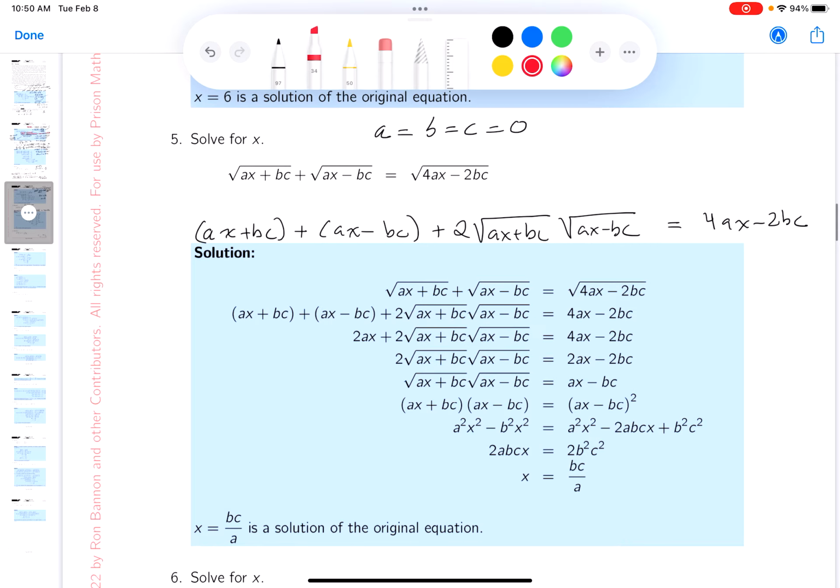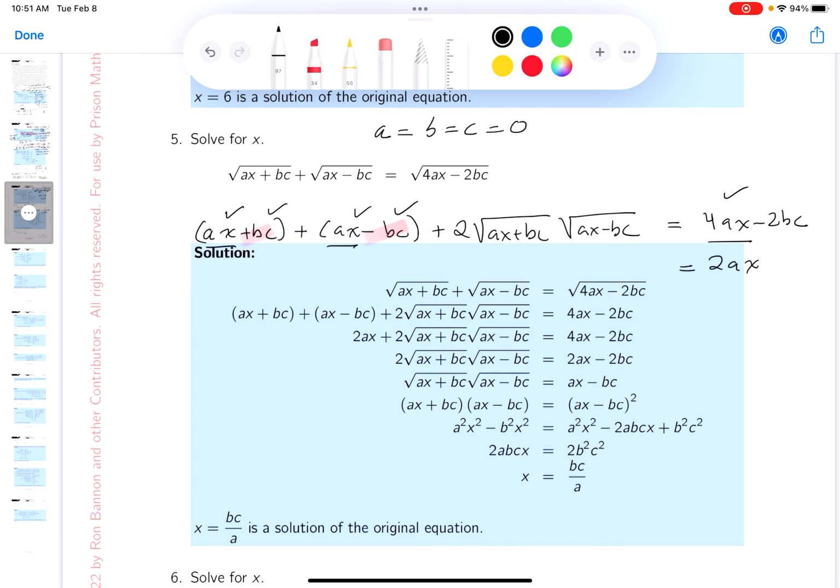I'm going to go through things that I see disappearing immediately. Let me point this out to you: the bc disappears. Then I'm going to concentrate on the ax in the problem. With 2ax on the left and 4ax on the right, I would subtract 2ax from both sides, and I would get 2ax. So I'm going to claim everything has been accounted for here.